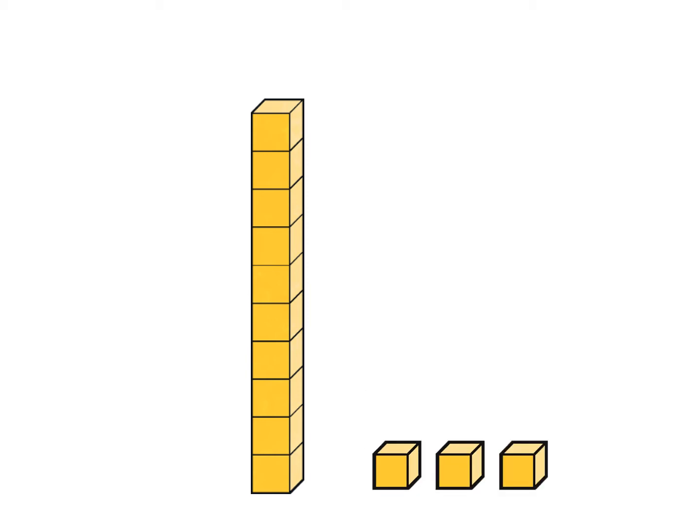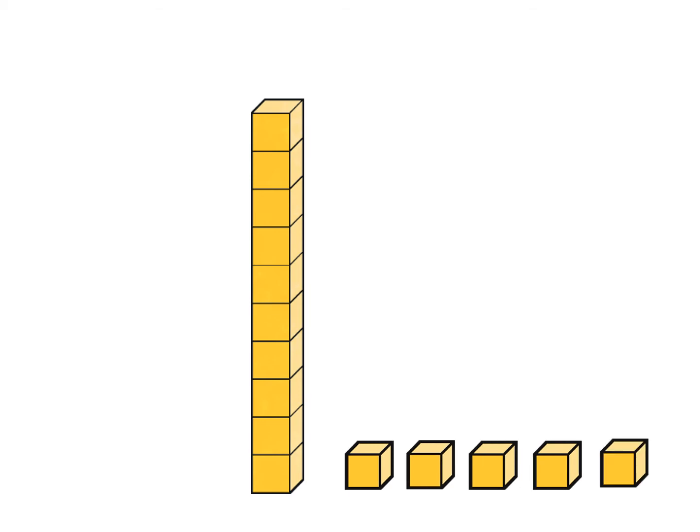How many now? 10, 11, 12, 13. Well done. We have 13. 1 ten and 3 ones equals 13. How many tens? 1 ten. Well done. How many ones? 5 ones. 1 ten and 5 ones equals 15. Well done.